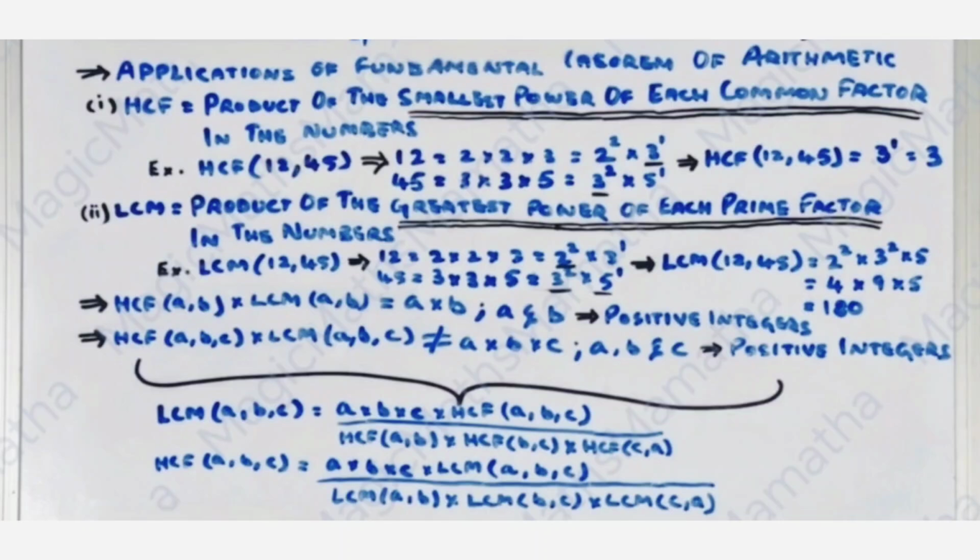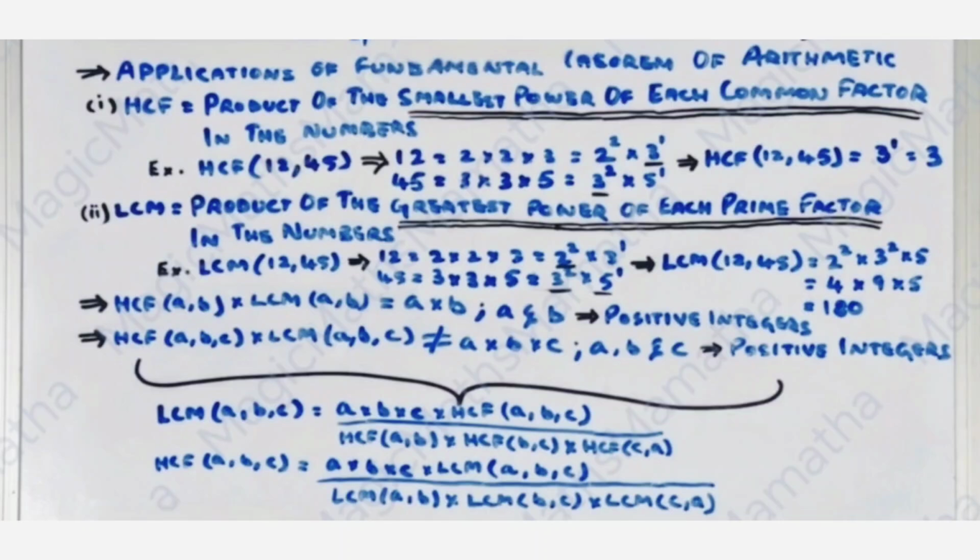LCM of a comma b comma c is equal to a times b times c times the HCF of a comma b comma c, which is further divided by the HCF of a comma b times the HCF of b comma c times the HCF of c comma a.